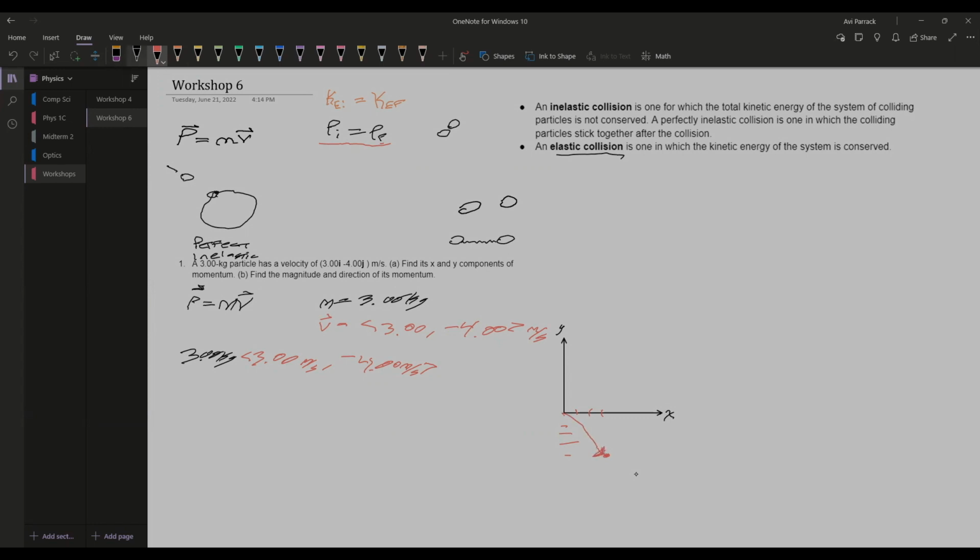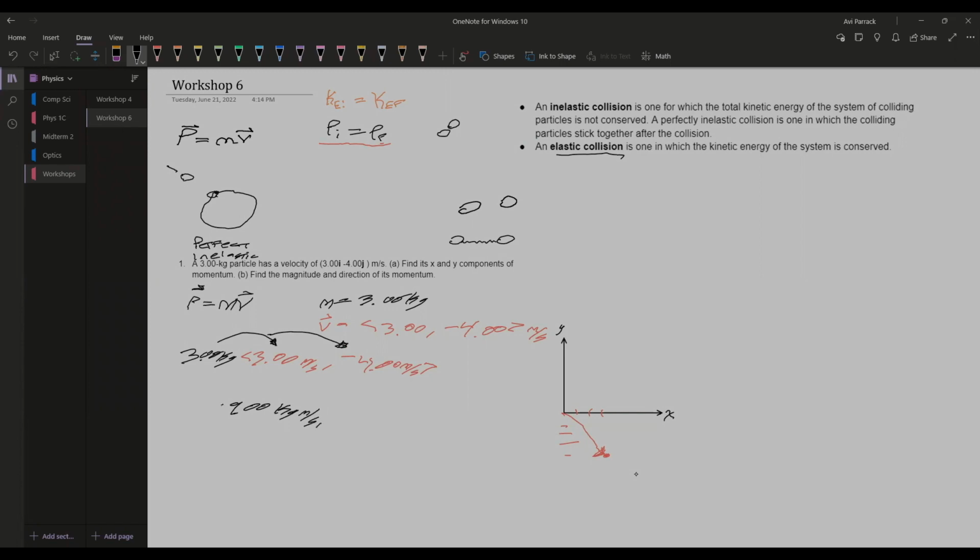So now, if we go back to the math here, if you're multiplying a scalar by a vector, you just multiply the scalar through against each component of the vector. So this just becomes 3 times 3 is 9.0, and this becomes kilogram meters per second, which is the unit of momentum.